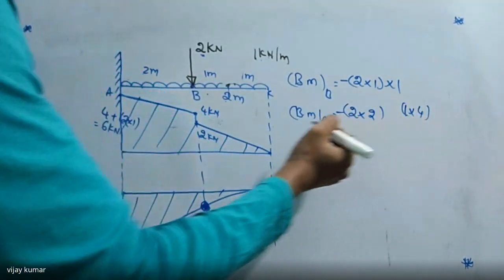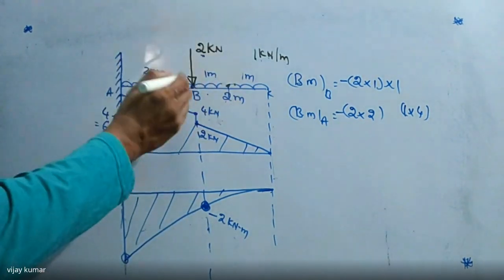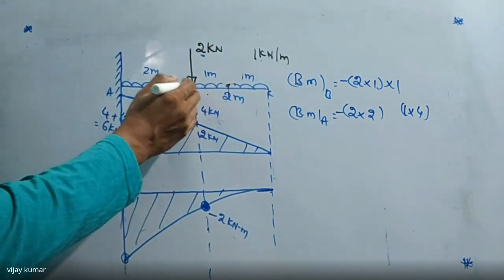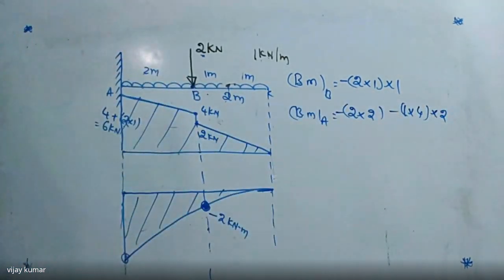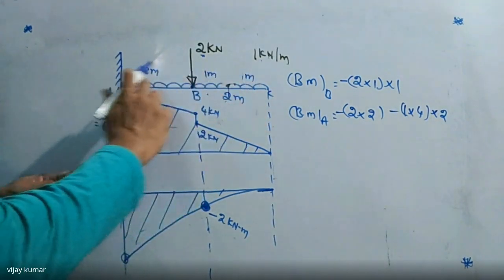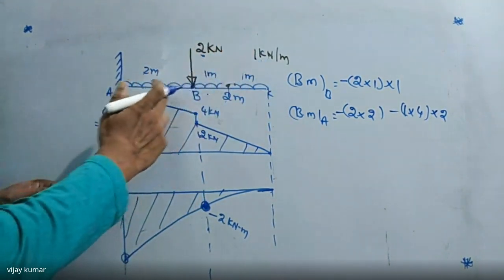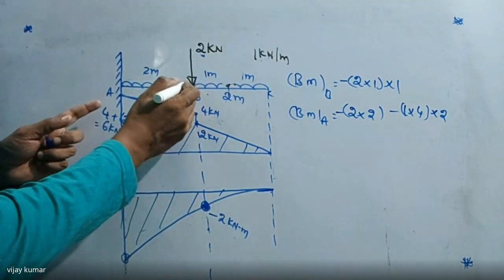This is the total load on this beam due to UDL, and it is also acting at the center, so half of this value again into 2 minus. Did you get it? What is the total load here? The total load of the UDL is 1 into 4, meaning 4 meters length, and that is also acting at the same point.